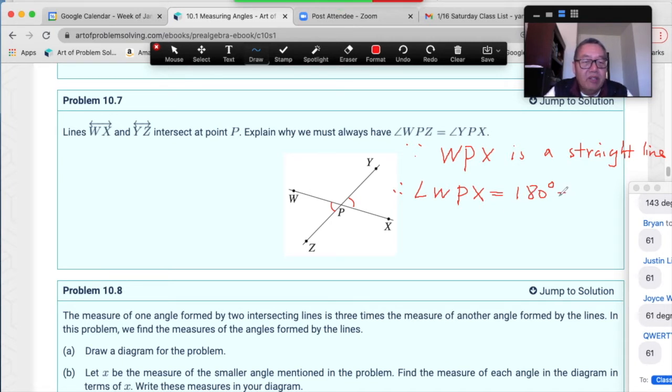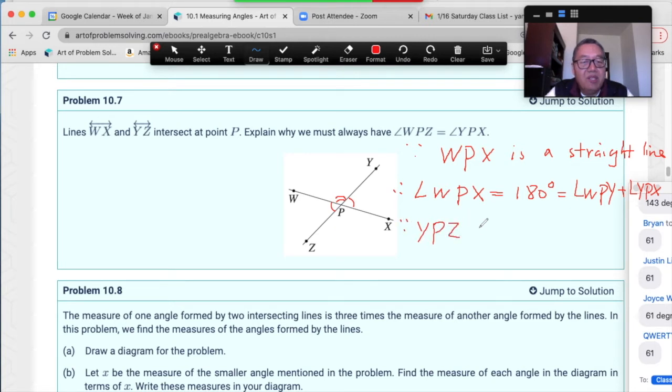So this one equals angle WPY plus angle YPX, right? So that equals this angle plus this angle. Then YPZ, okay?